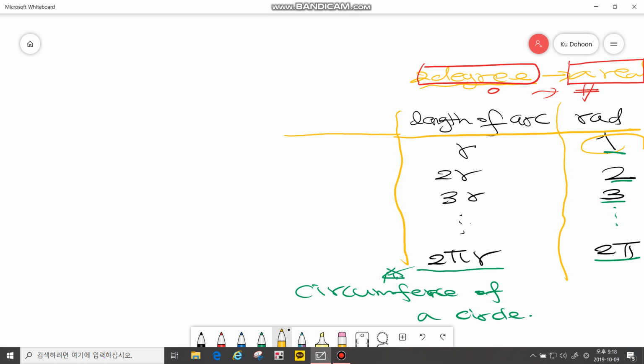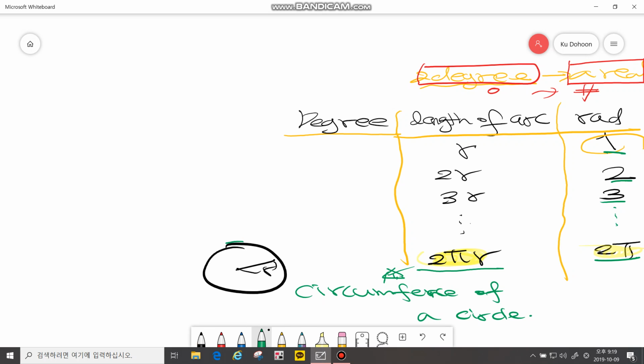Let's think about degree here. 4r, 2r, 3r are quite uncertain because we are not really familiar with radian yet. But what we are really familiar with is 2 pi r, right? 2 pi r just itself talks about the circumference of a whole circle whose radius is just r.